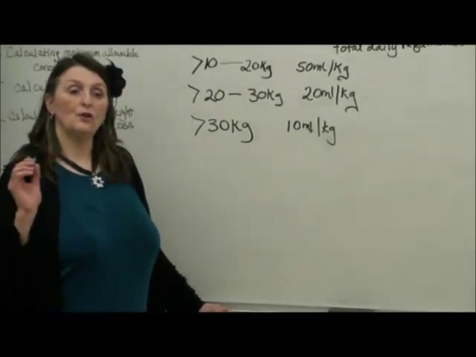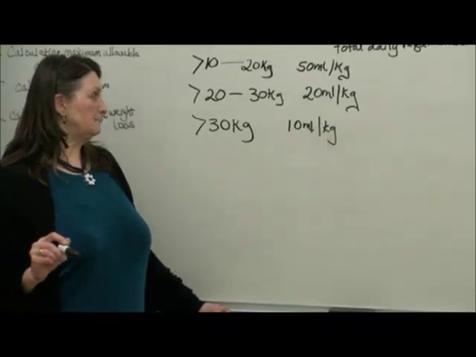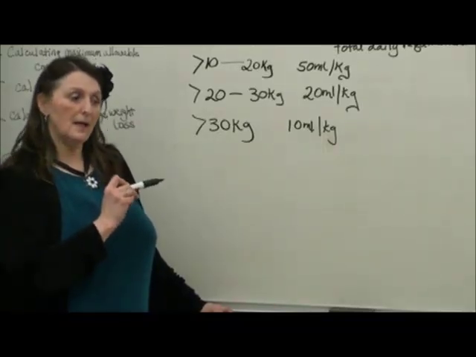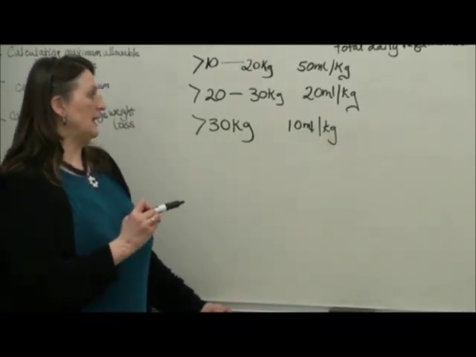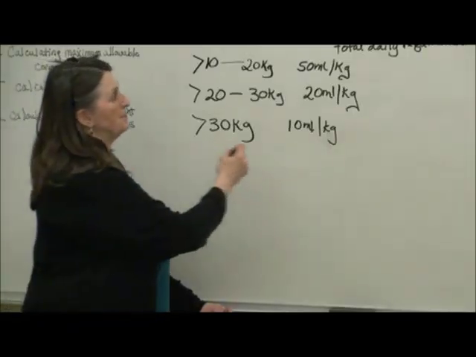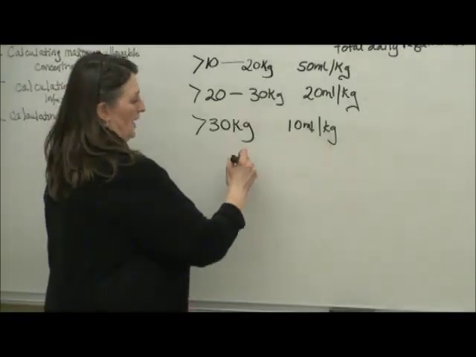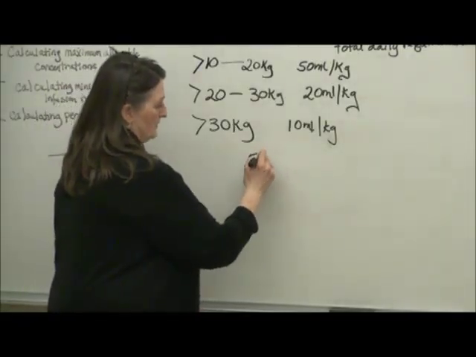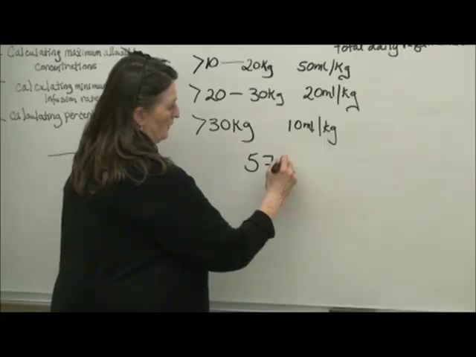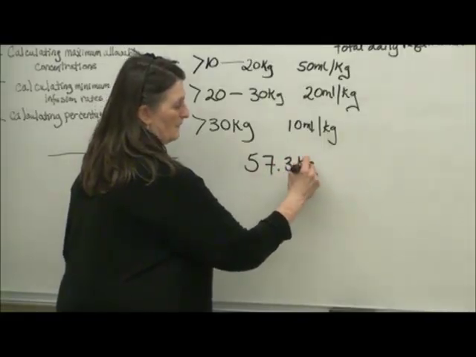But for your understanding of pediatrics, it's in our syllabi, and you're going to be calculating fluid requirements based on this calculation. So let us have a 57.3 kilo patient.